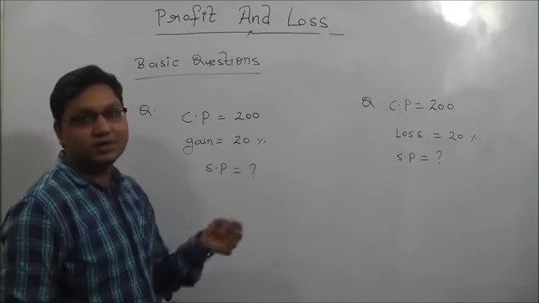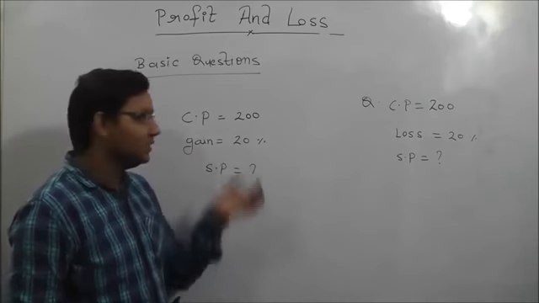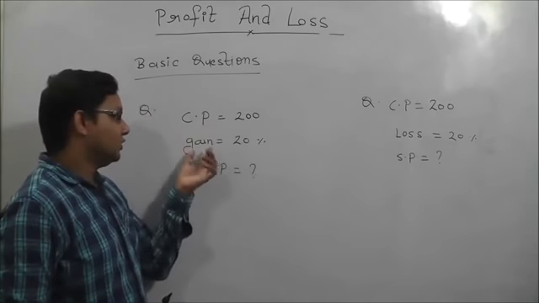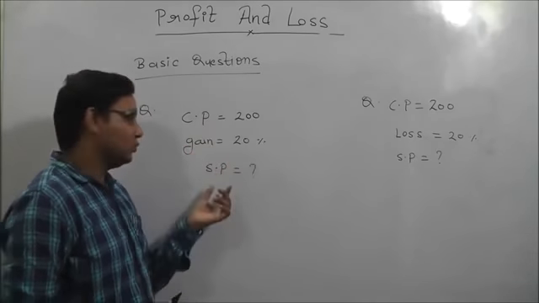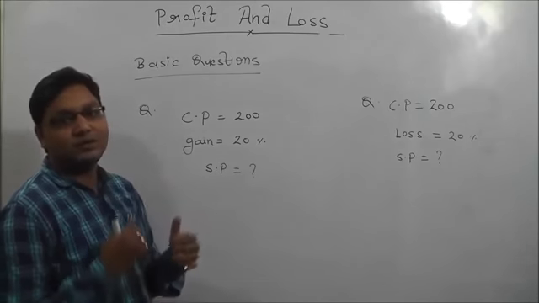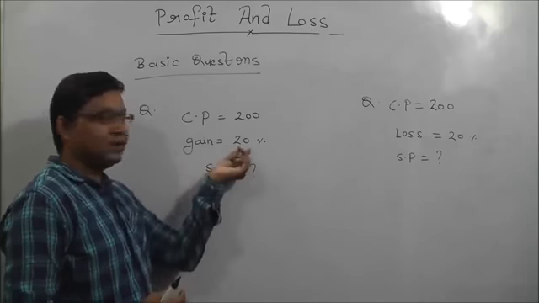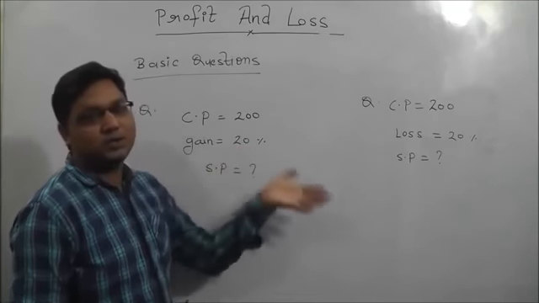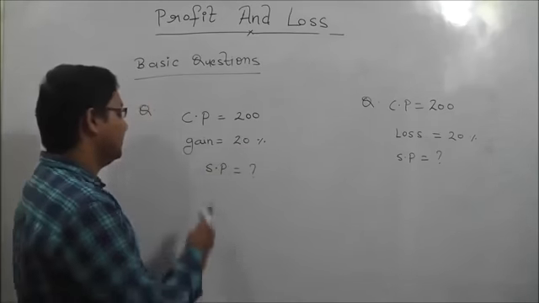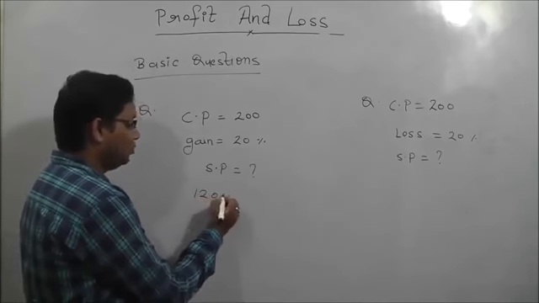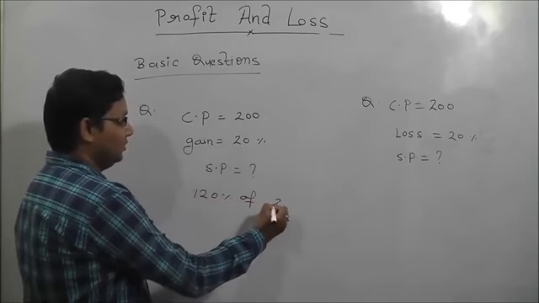In profit and loss, 100% of a value is the cost price. Gain is 20%, so selling price will be 100% plus 20%, that is 120%. So selling price will be 120% of 200.